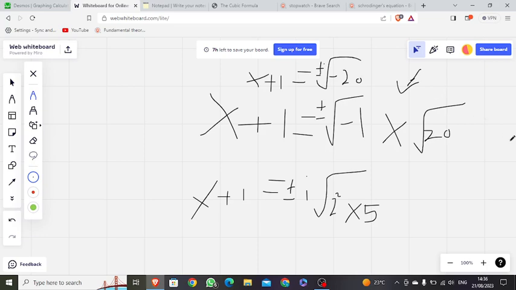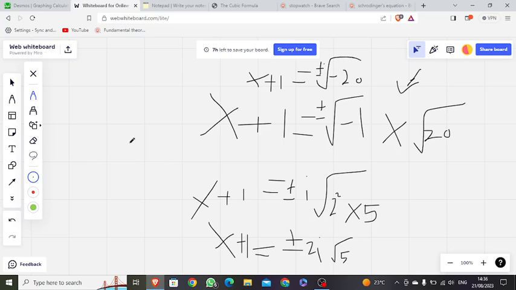It's right. So 2 times 5 and x plus 1. So you can take the 2 out. So equals plus or minus 2i. Oh wait, x plus 1 by the way. 2i root 5.